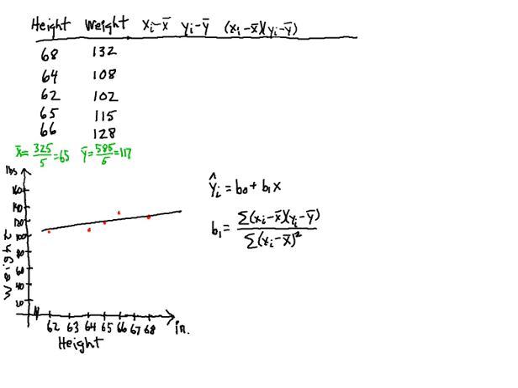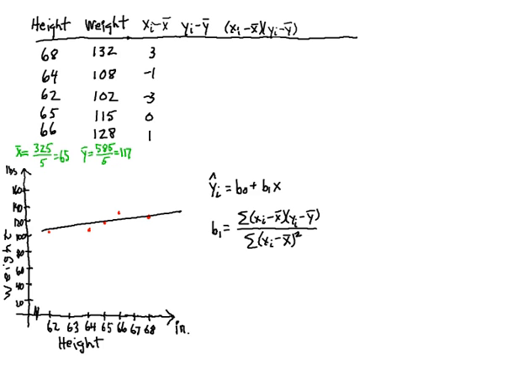Now I want to subtract the x bar value from each of the x values to make up my next column. So 68 subtract 65 would be equal to 3. 64 subtract 65 is negative 1. And then I'd have negative 3, 0, and 1.